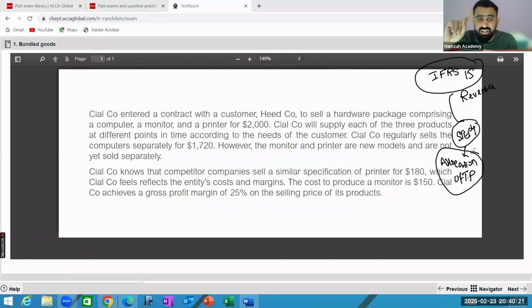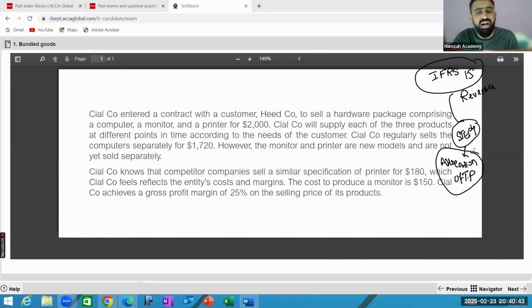Examiner is not asking us to discuss what is revenue, what is step number 1, identification of the contract, what is step number 2, identification of the performance obligation, what is step number 3, determination of transaction price. Examiner is not asking about these things.